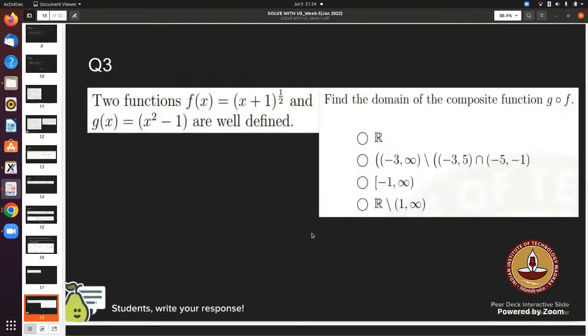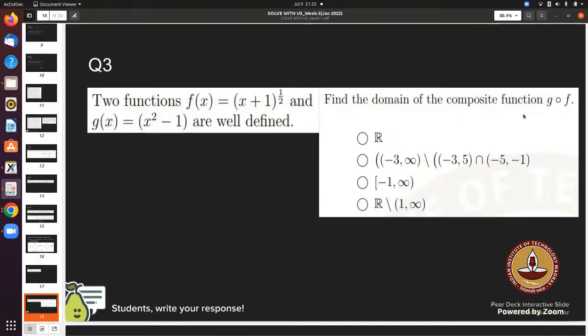No, I am giving you the question. So the question is: what is the domain of G compose F? This is what the question is. Sir, minus 1 to infinity. Yes.